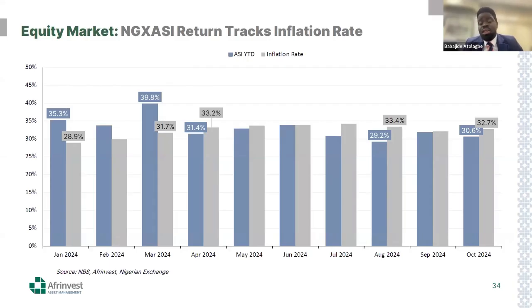So far, so good. This is still one of the highest-return public securities that has come close to inflation, when you look outside the money market space as well. And we think that going forward, the NGX is still the best place to play for investors that are seeking to beat inflation.